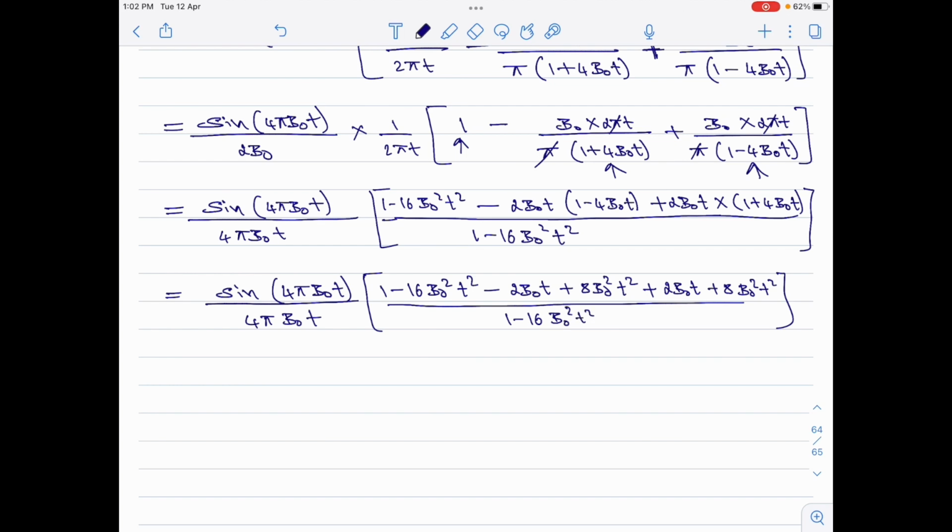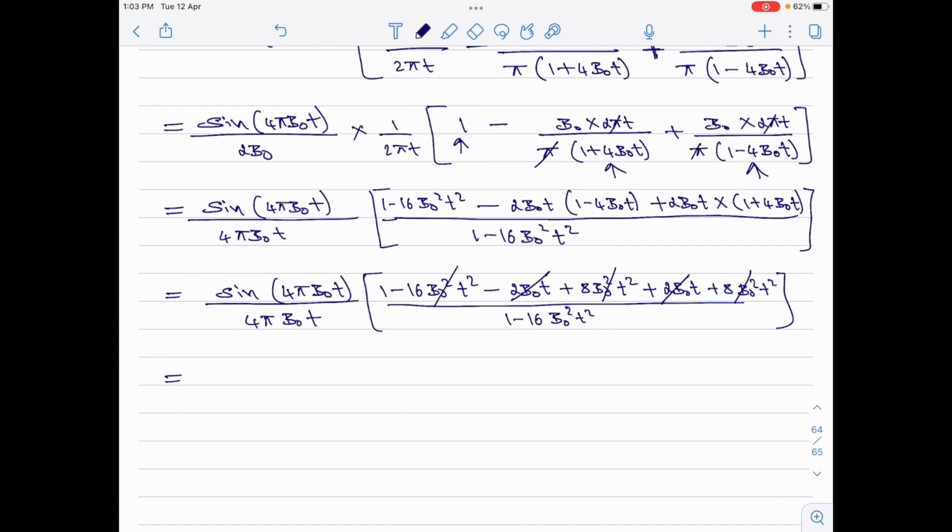So, in the numerator you see minus 2 b naught t plus 2 b naught t. Then you see we have minus 16 b naught square t square and we have 2 plus 8 b naught square t square, they also get cancelled. So, what remains in the numerator is just 1.